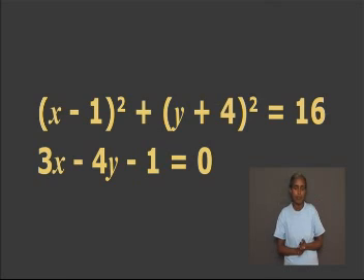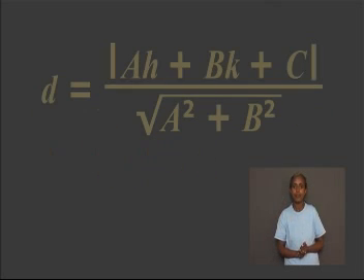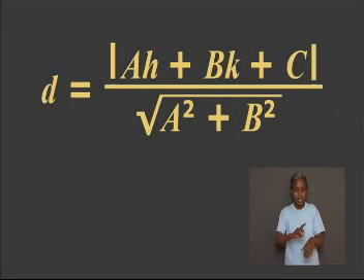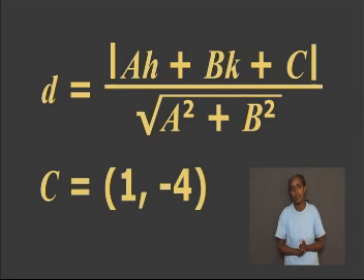The equation of a line is 3x minus 4y minus 1 equals 0. The distance formula looks like this. h and k are the coordinate points of the center of the circle. From the circle equation, we know that these points are 1 and -4, respectively.